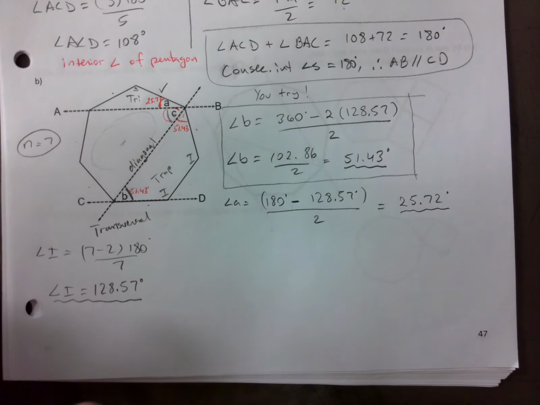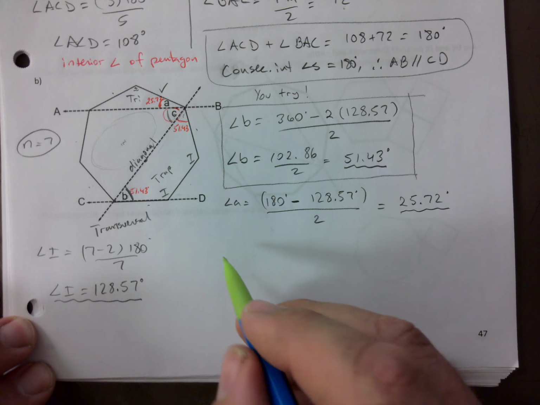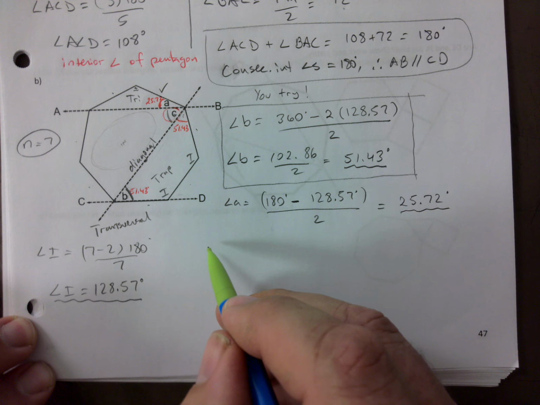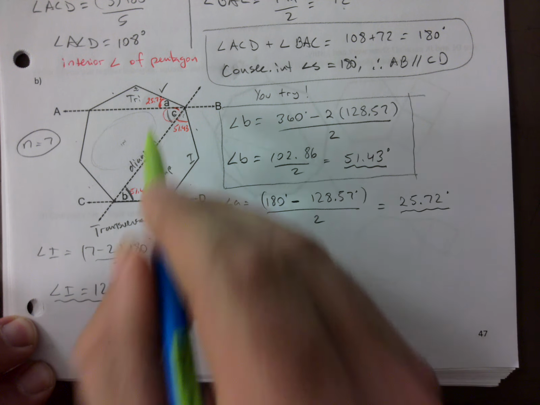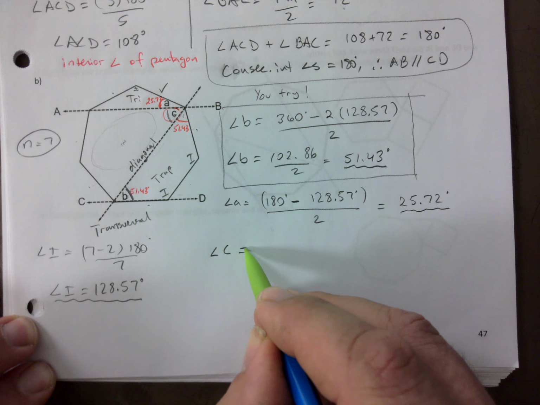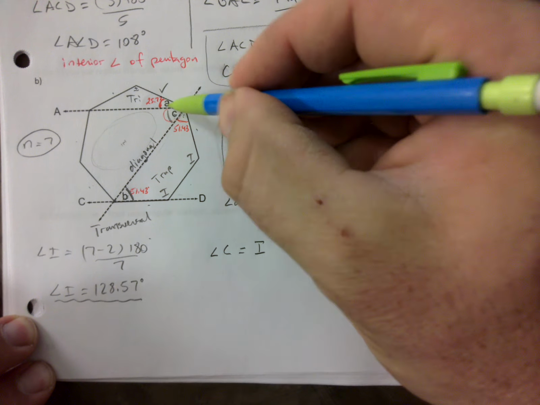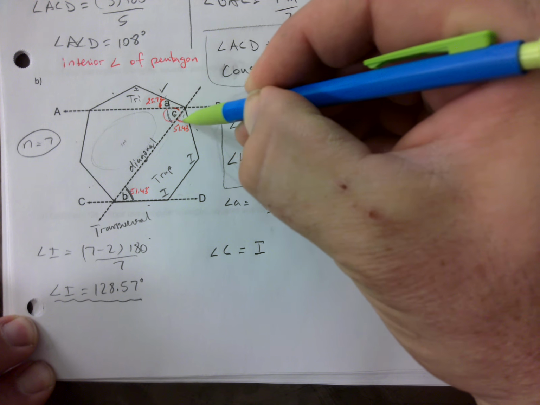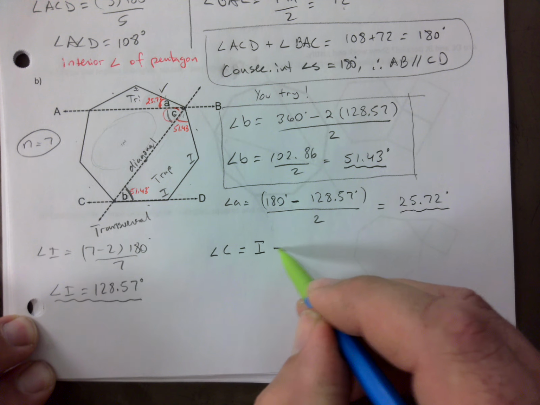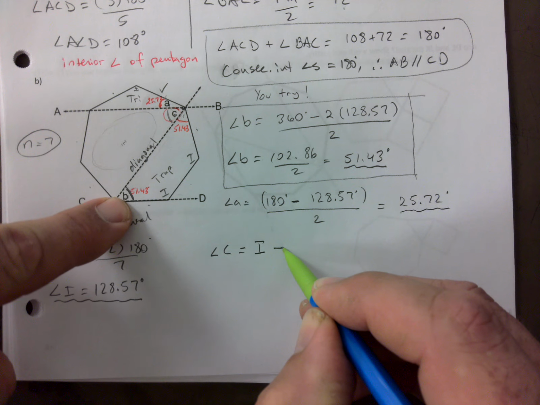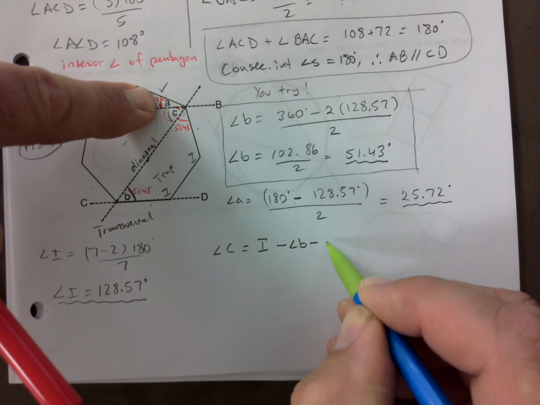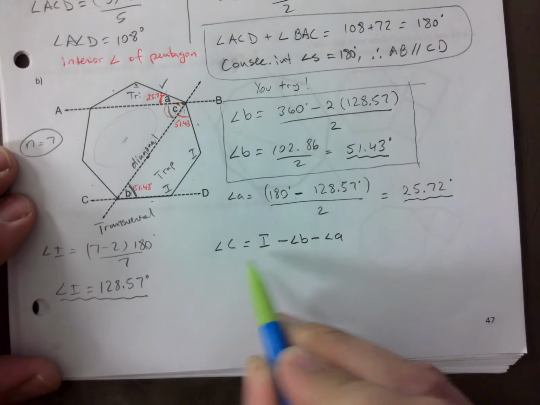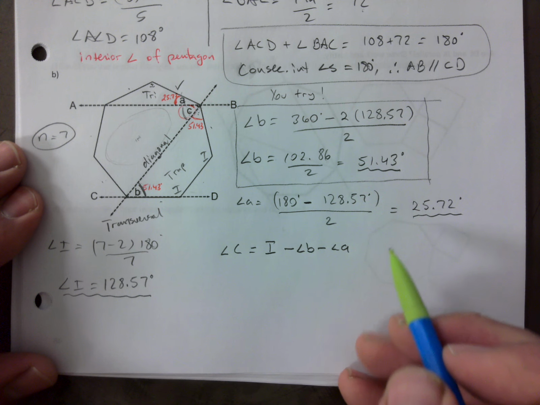How would I do that? That's right. So if you didn't hear that, angle C, this one, I will go interior angle, which is the whole thing here, the whole thing at this corner, minus angle B, essentially, minus angle A. Okay, that's going to be the way I go about it.